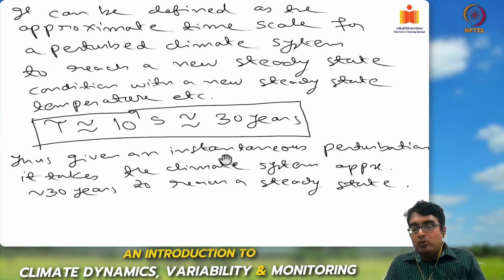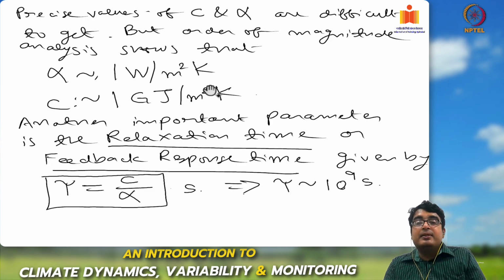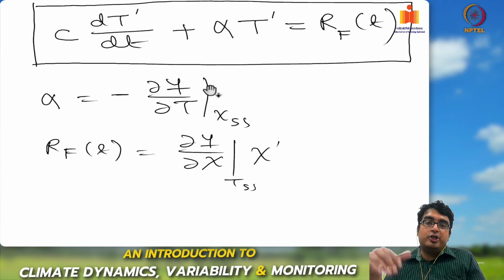You will see how we get the physical idea of what this tau represents, but it can be defined as the approximate time scale for a perturbed climate system to reach a new steady state condition with a new steady state temperature. So what this means is, suppose your greenhouse gas concentration has been perturbed by X_ss plus X prime. Okay. As a result, the temperature is going to slowly increase and you have T_ss plus T prime.